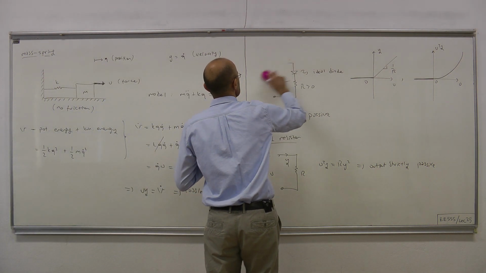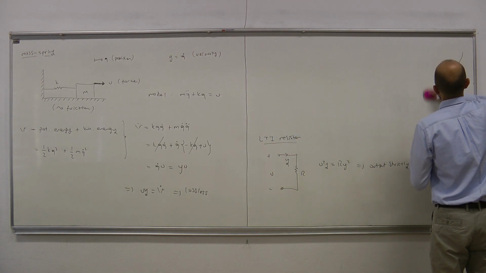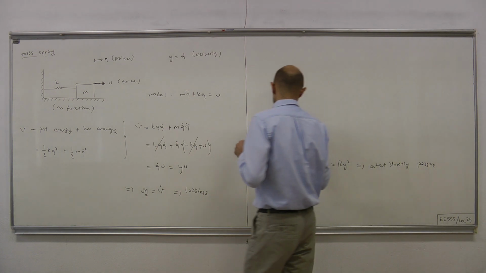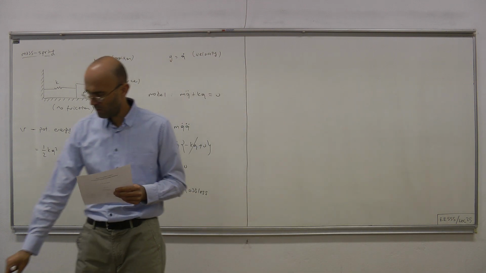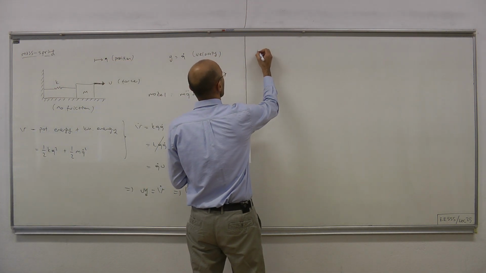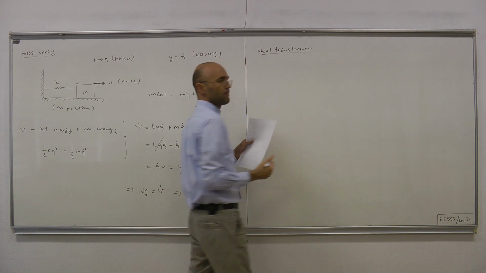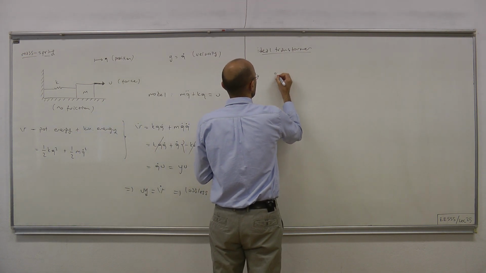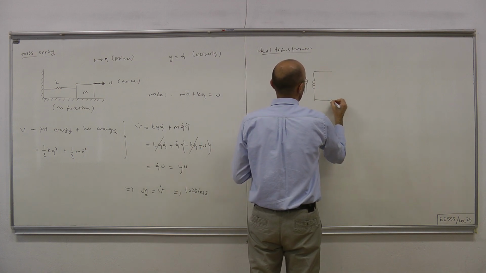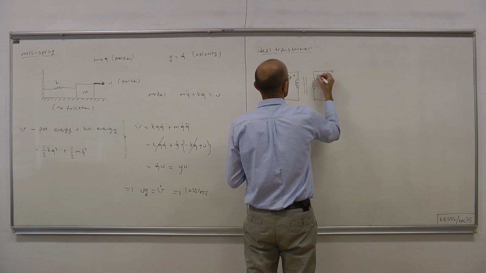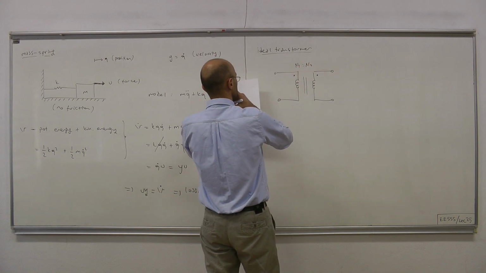Let's see another lossless system, but this time it's memoryless. It's again a system that we're familiar with from engineering, and it's the ideal transformer, with turns ratio N1, N2.